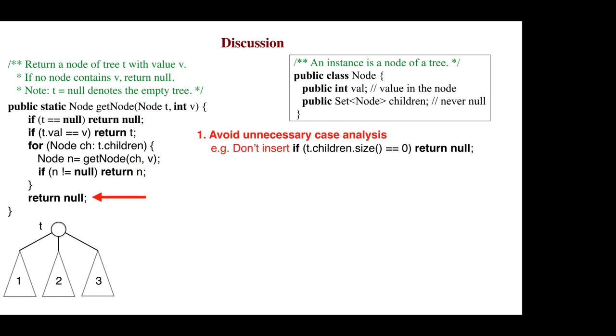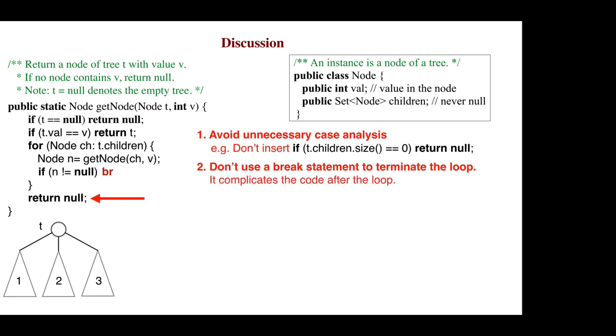The loop terminates immediately, executing 0 iterations, and after that, the statement return null is executed. 2. Avoid the use of a break statement to terminate the loop. If a break statement is used in the case that a child subtree contains the desired property, the code after the loop becomes more complicated.